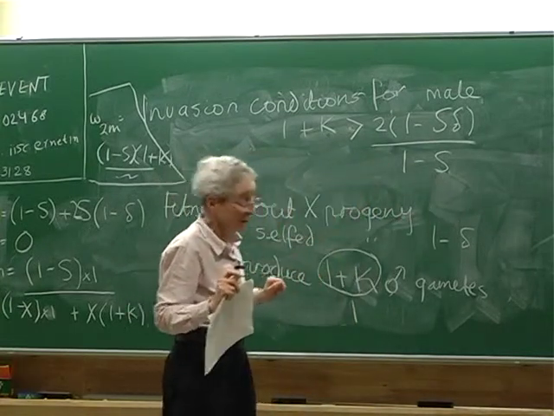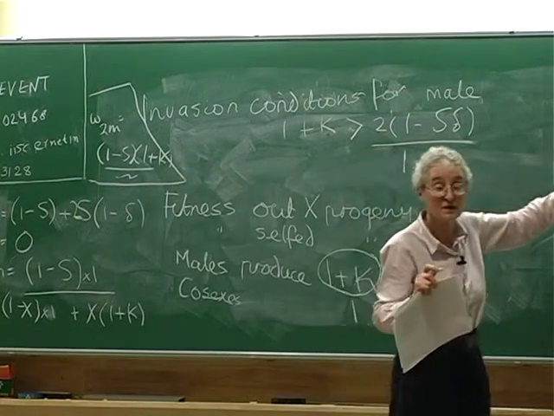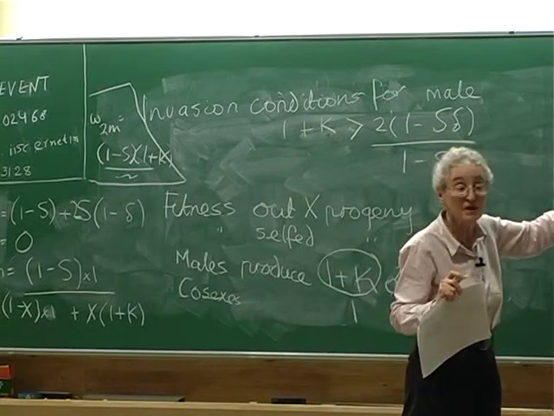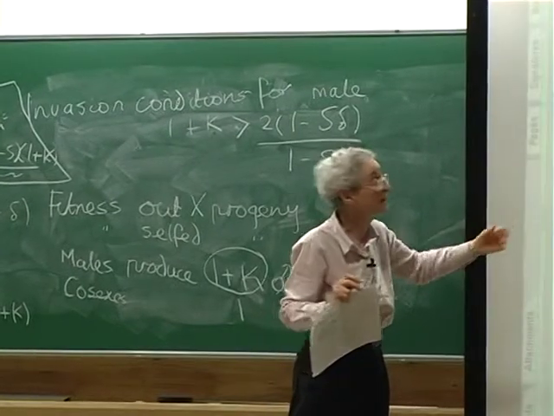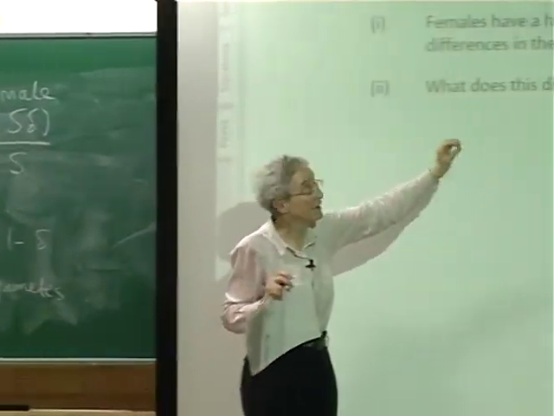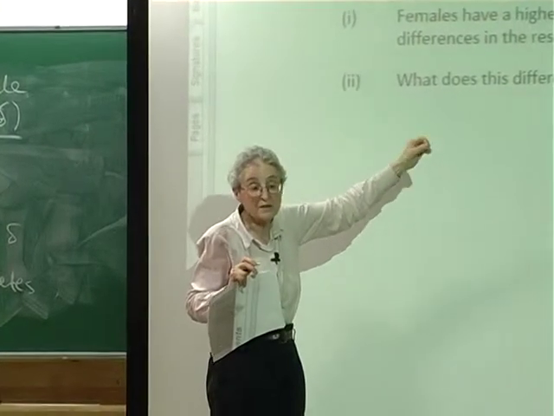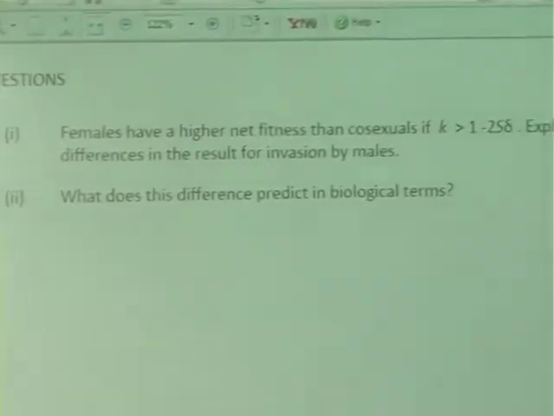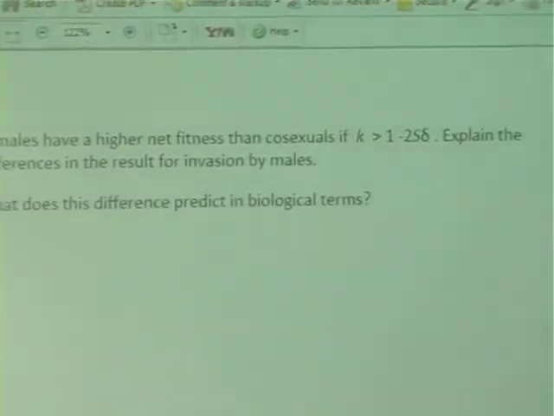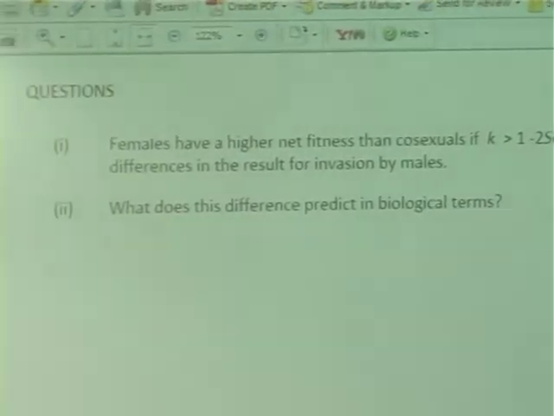So self-fertilization of the co-sexuals gives females an advantage because they're avoiding inbreeding depression. That's what that equation is saying, that a little bit of increase in female fertility can be good if you also avoid inbreeding depression, and you wouldn't have inbreeding depression without some selfing.